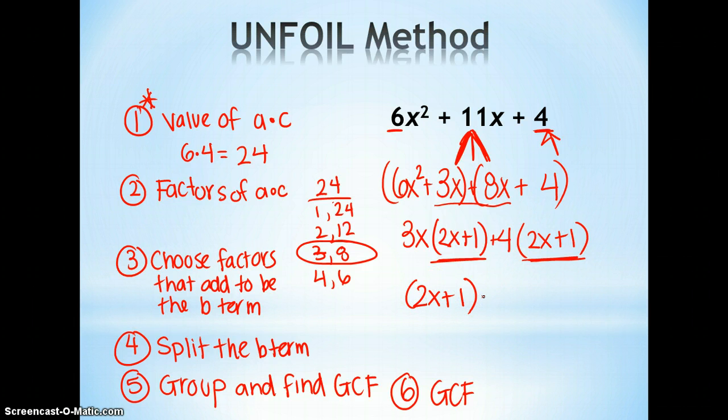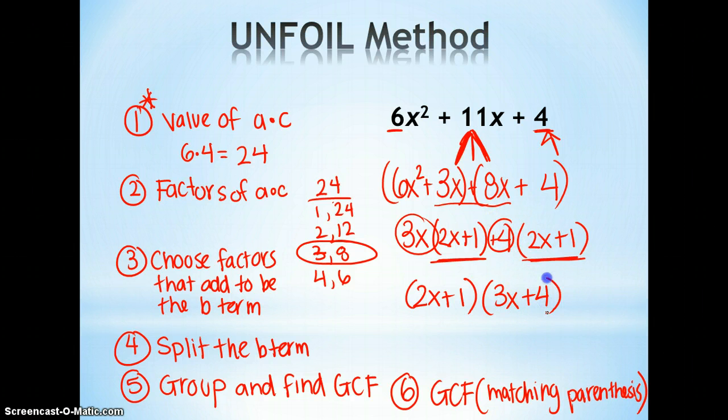If we get those matching parentheses, we get that GCF, 2x plus 1. What's left? Well, 3x. I took 2x plus 1 away from it. And this positive 4, those are going to be the fill-ins for the other two parentheses.